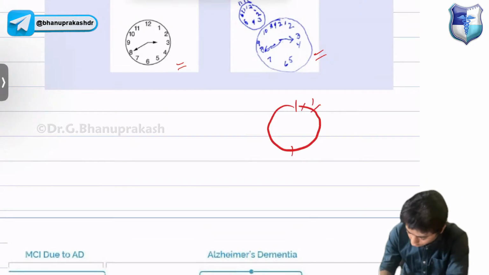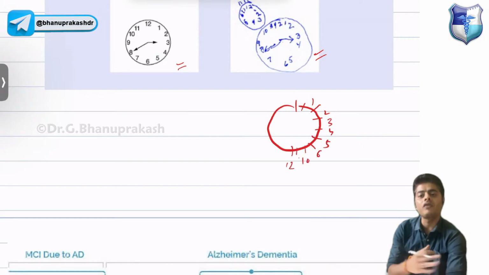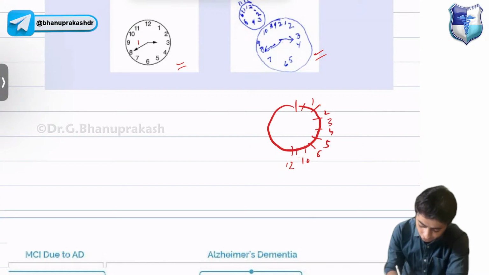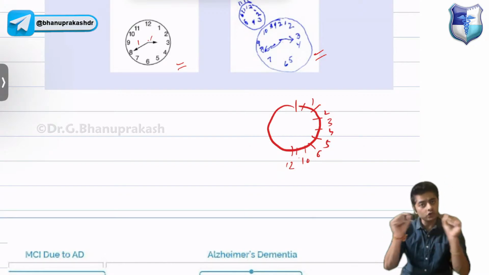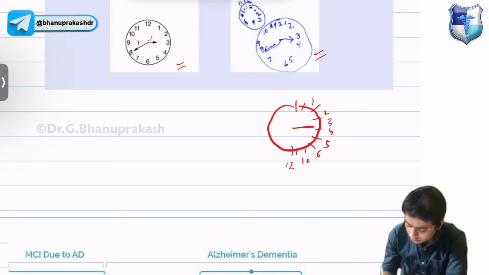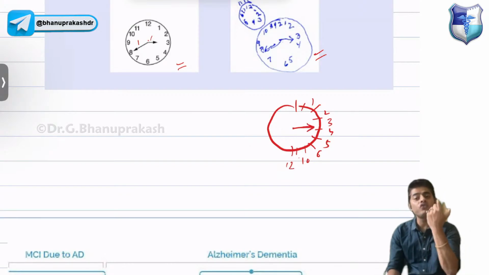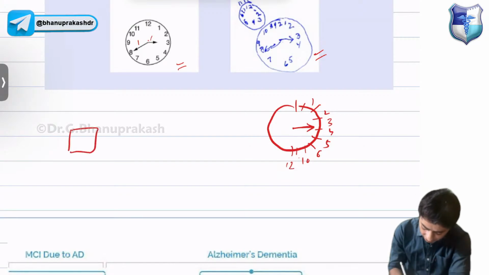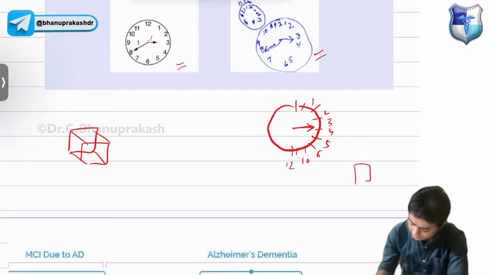He will number all the numbers on one side only: 1, 2, 3, 4, 5, 6, 7, 9, 10, 11, 12. And there are two hands in a watch, and he will draw only one hand because there is a loss of visuospatial function. And when we tell him to draw a 3D figure, if I tell him to draw a cube, he will draw something like this.